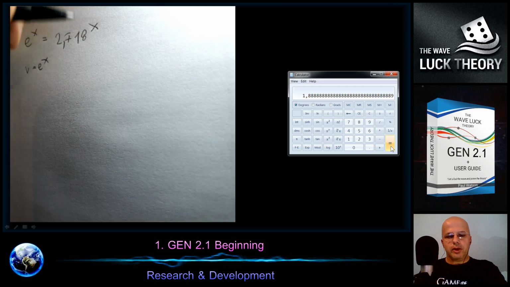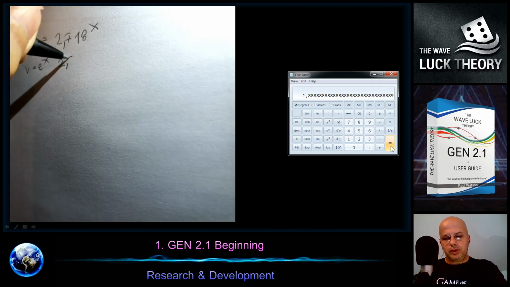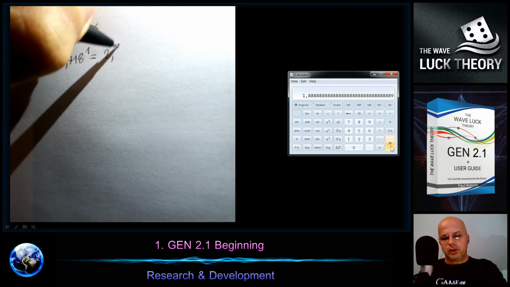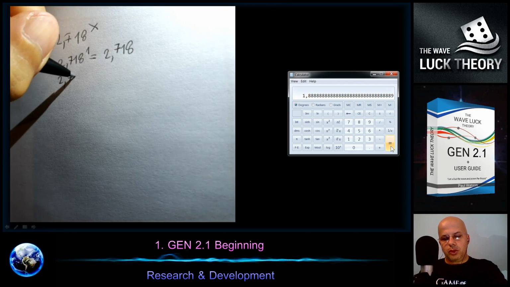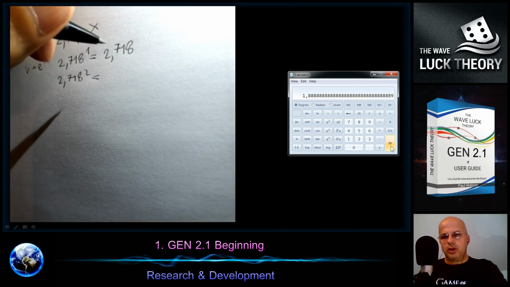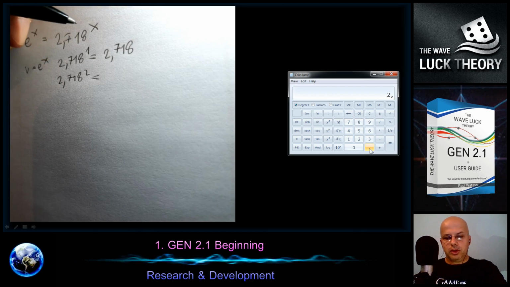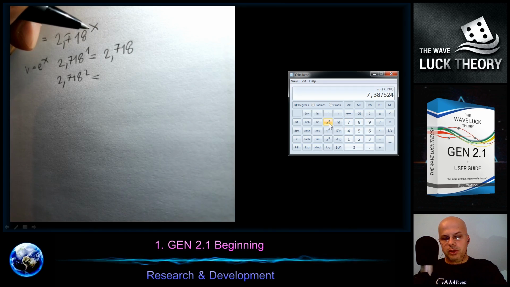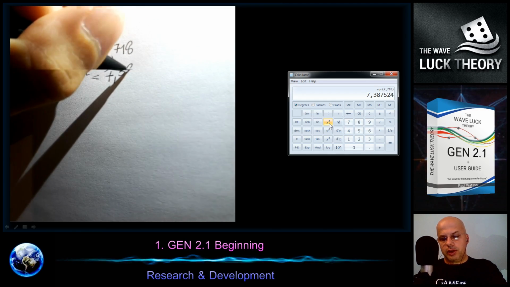So I will write here some calculation. So that's 2.718 to the power 1 is 2.718, or 2.718 to the power 2 is, now we can use again the calculator, 7.38.